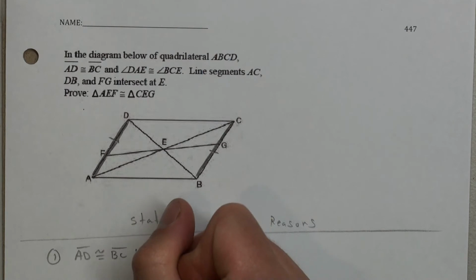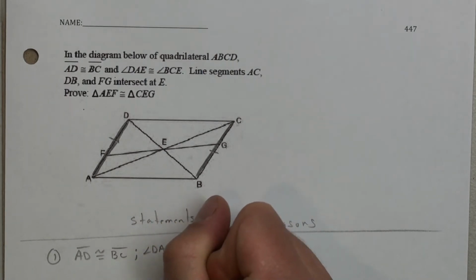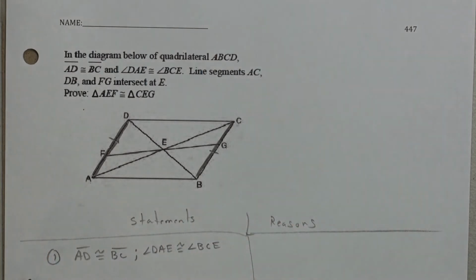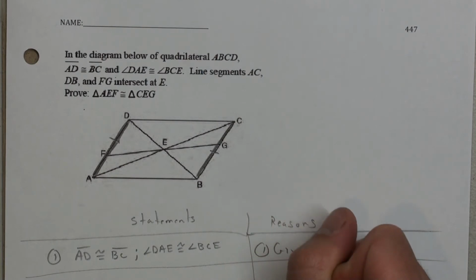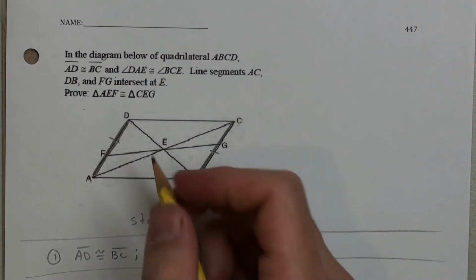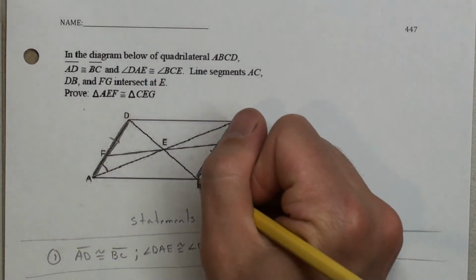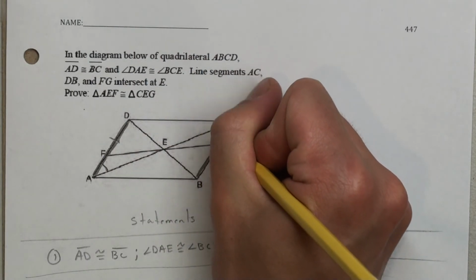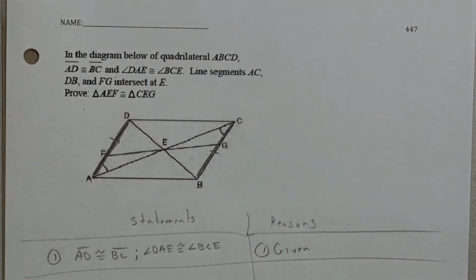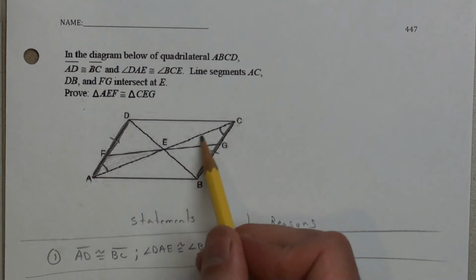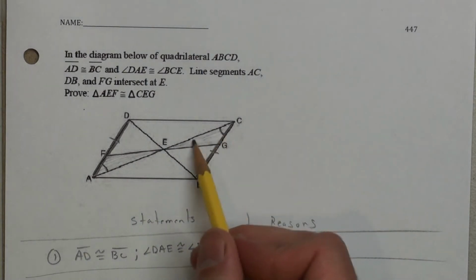And angle DAE is congruent to angle BCE. And that's really all that's given. So let me label that DAE and BCE. Okay. And it's a quadrilateral. Alright, and we want to prove that this little triangle in here is congruent to this little triangle in here.